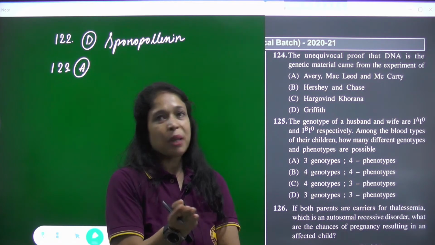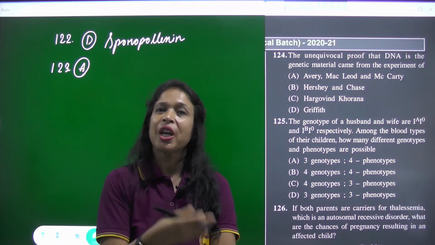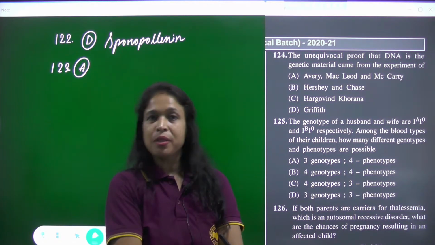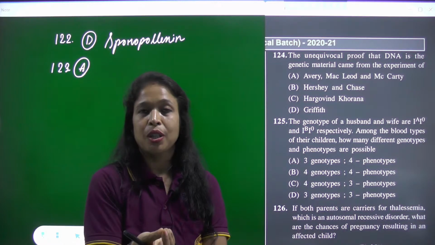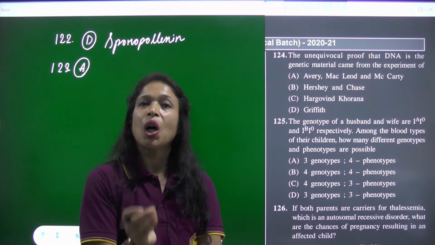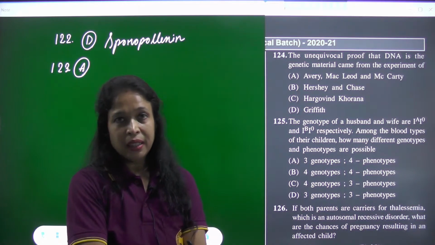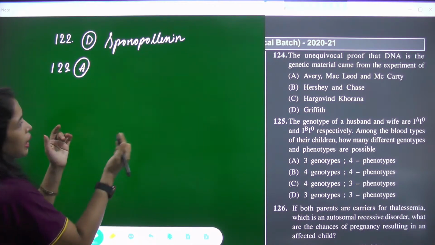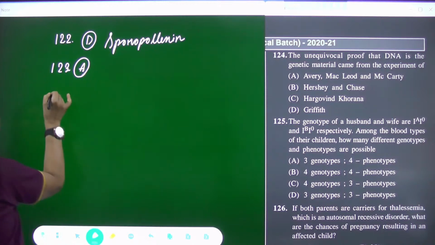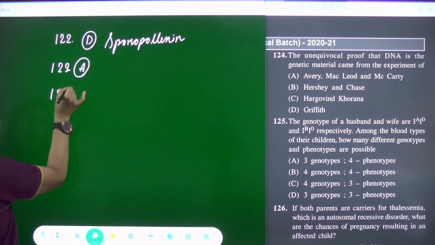So this experiment was performed by Hershey and Chase by using bacteriophage, which were allowed to cause infection on the E. coli bacteria, right? So this is undoubtedly second option, Hershey and Chase.